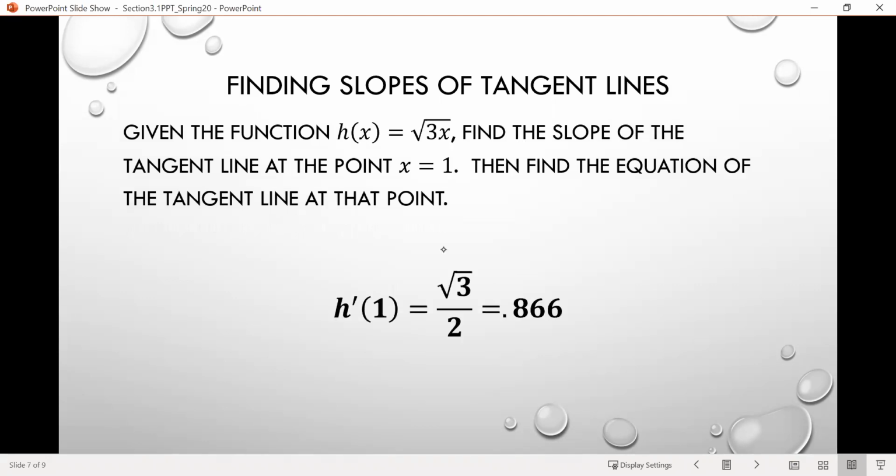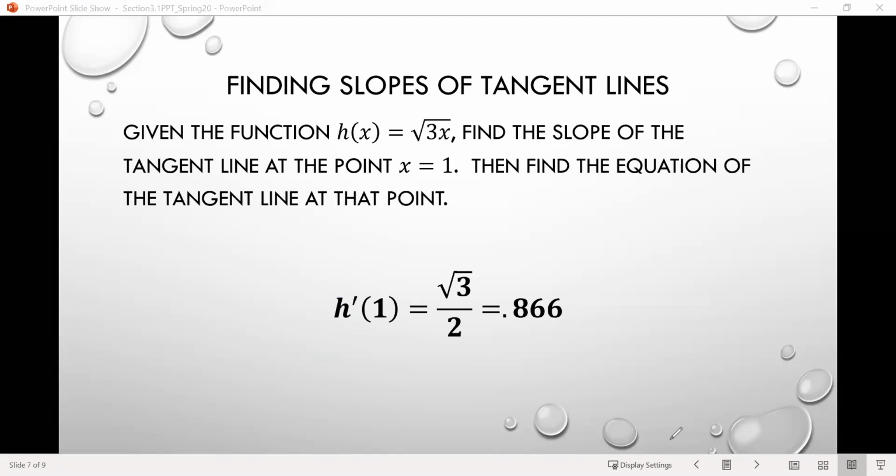Another example with this function here, and again, I'm going to call this g, not h. We have that g prime of 1 equals root 3 over 2, because that was the slope of the tangent line, or we could say the value of the derivative at x equals 1 is root 3 over 2. Got it?